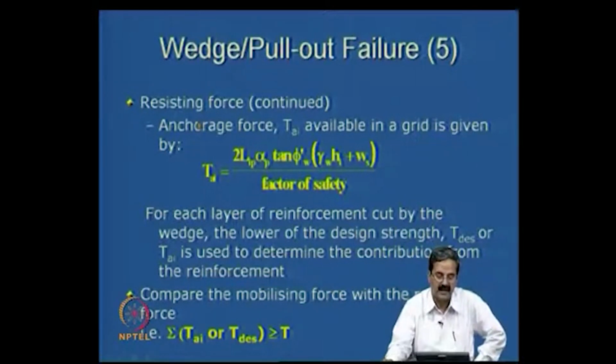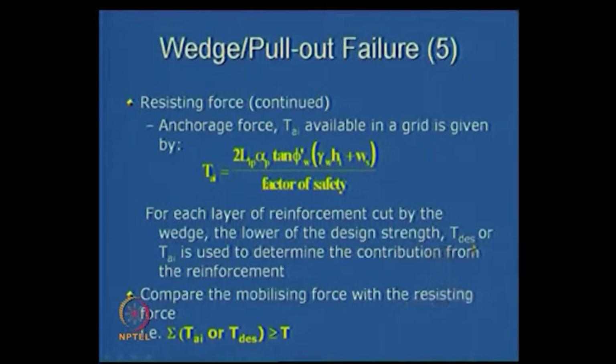Now, you have to calculate the anchorage force. Anchorage force means pull out resistance. That is a function of the length of the reinforcement beyond the failure zone, and also there is a coefficient alpha, then tan phi w, and it depends on the surcharge also. For each layer of the reinforcement cut by the wedge, the lower of the design values T design or the TA is used to determine the contribution from reinforcement.